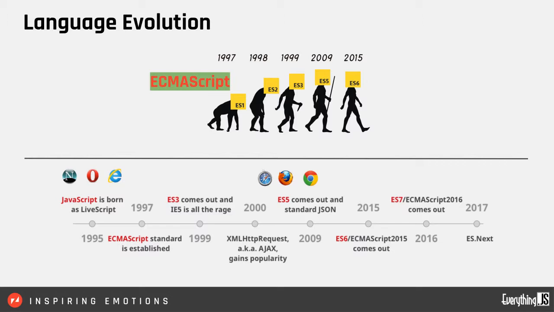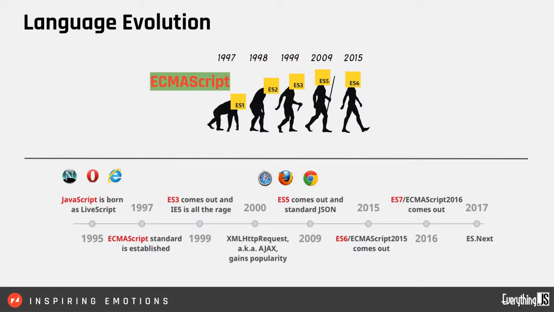And in 1999, ES3 was one of the major versions where they released a whole lot of features, and then it became really popular. And if we take a look at the 2009 ES5 release, that was one of the major releases where they added a whole lot of new things to the language.